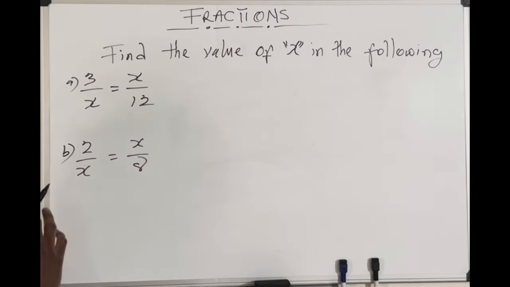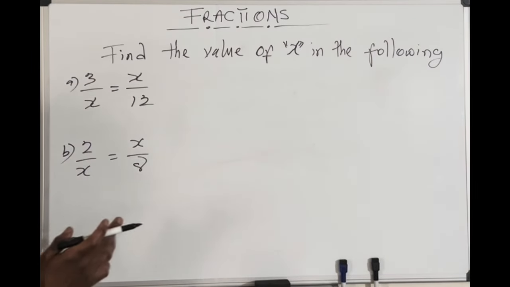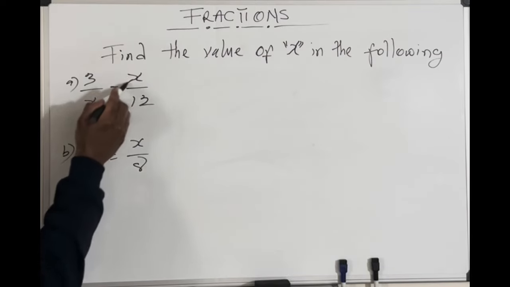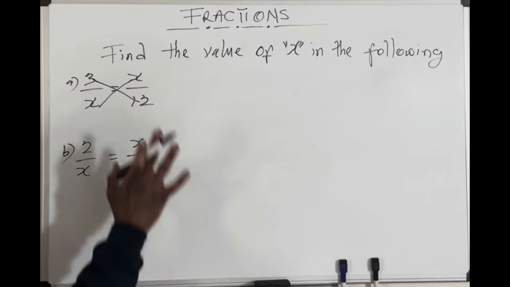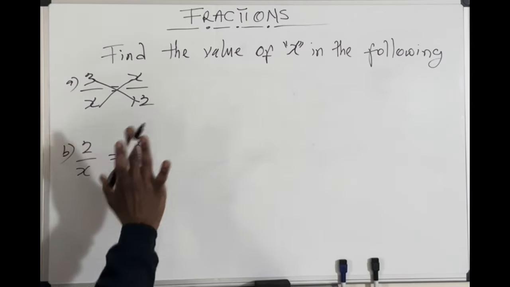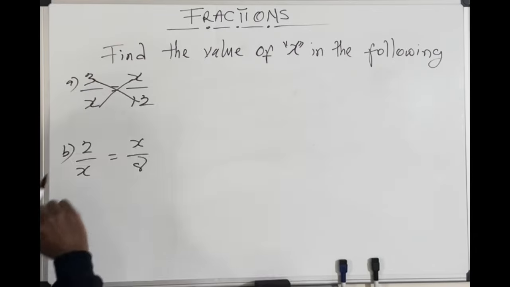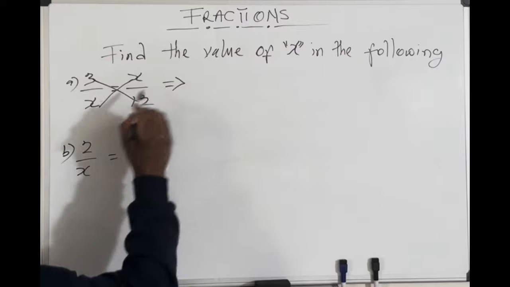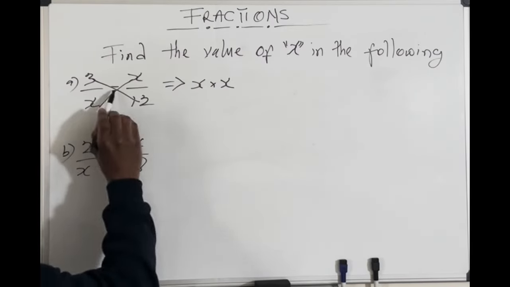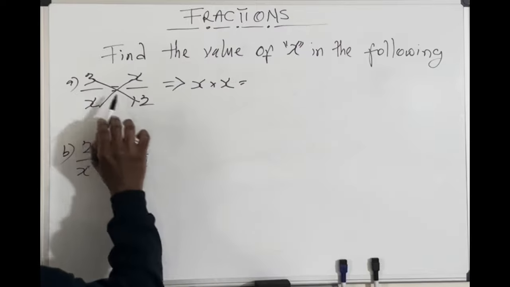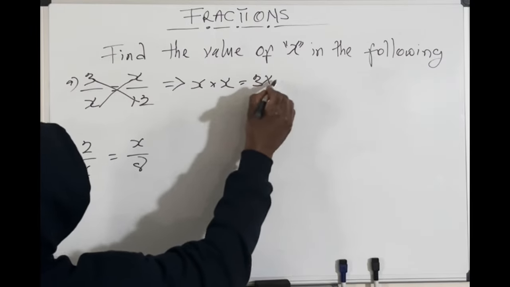The same process, cross multiplication, we need an x, so it always comes first before the equal sign, and then the other numbers continue. So x times x is equal to 3 times 12.